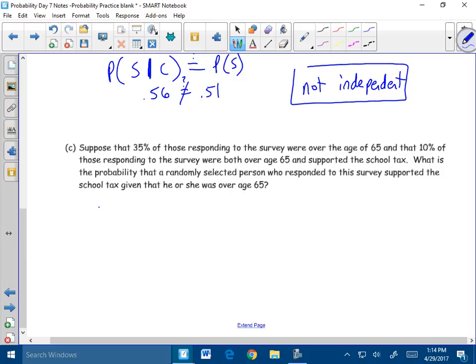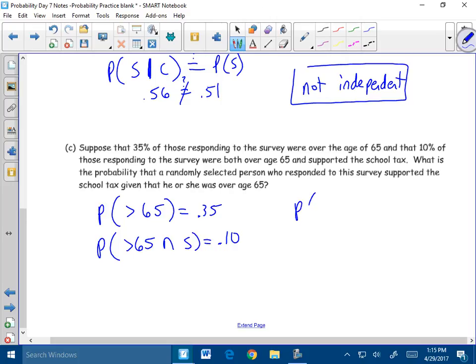So this is just the probability that someone picked at random that answered the survey was over 65, which is 0.35. And then the probability that a person was over the age of 65 and they supported the school tax is 10%, so 0.10. And then we want to know the probability that a randomly selected person who responded to the survey supported the school tax given that he or she was over the age of 65. So the probability that they support the school tax given that they were over age 65.